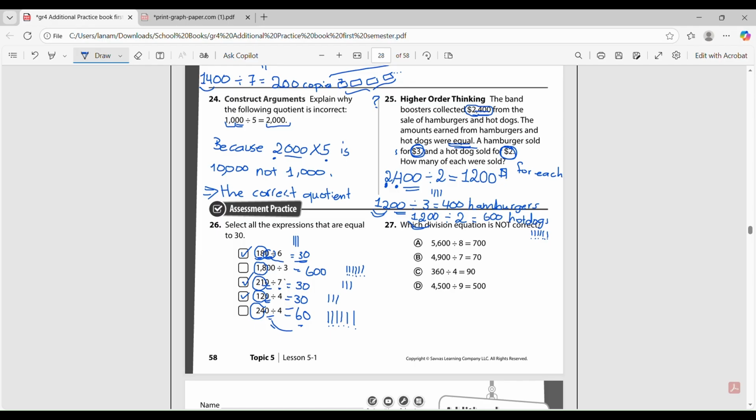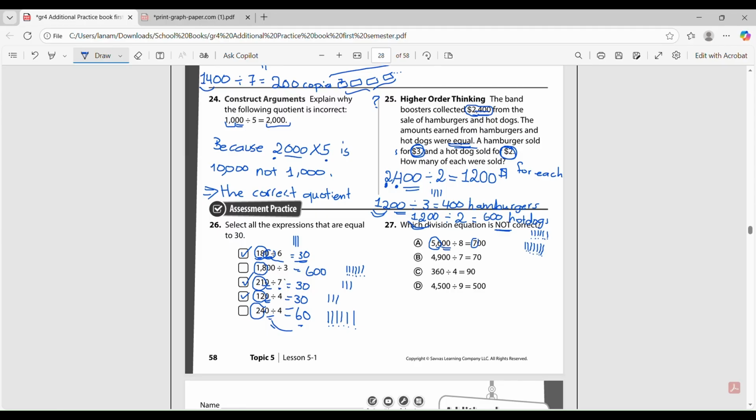Question 27. Which division equation is not correct? Not. Now, I have here 5,600 divided by 8. So I'm going to look at the 56. 56 divided by 8. We will skip count by 8: 8, 16, 24, 32, 40, 48, 56. 1, 2, 3, 4, 5, 6, 7. 7.